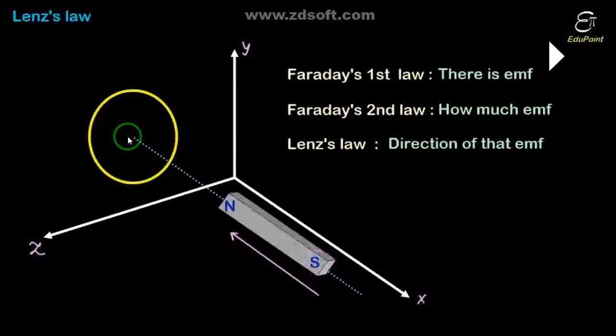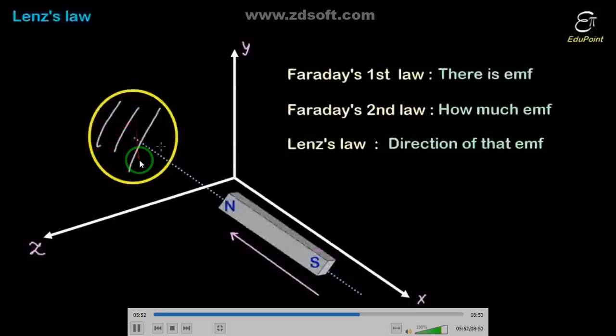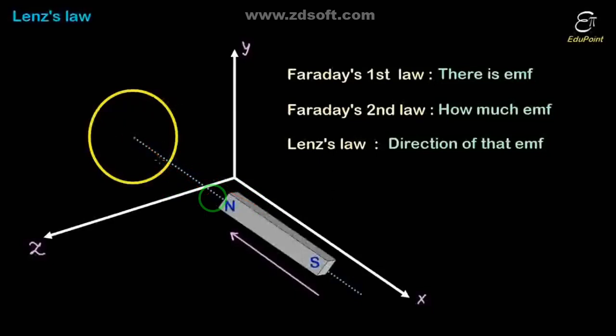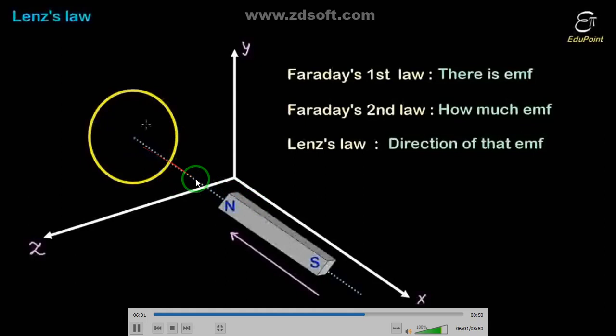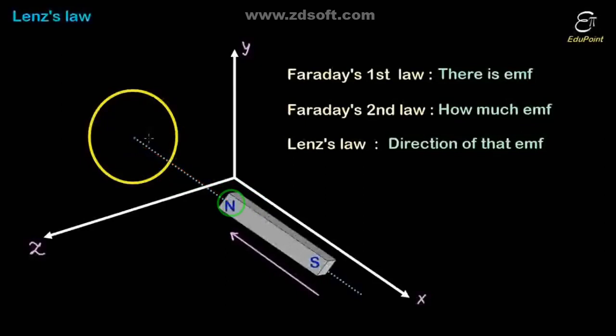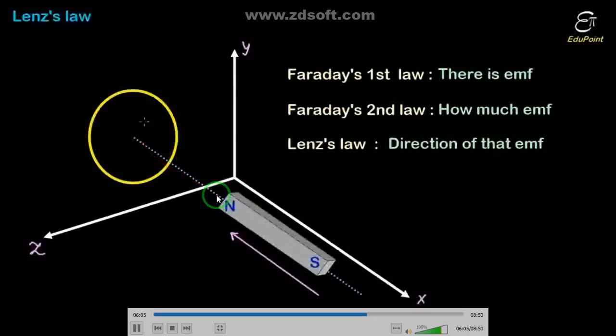So this north pole and this north pole are both like poles. Due to that, this north pole will repel this north pole, so this magnet is repelled by this coil.